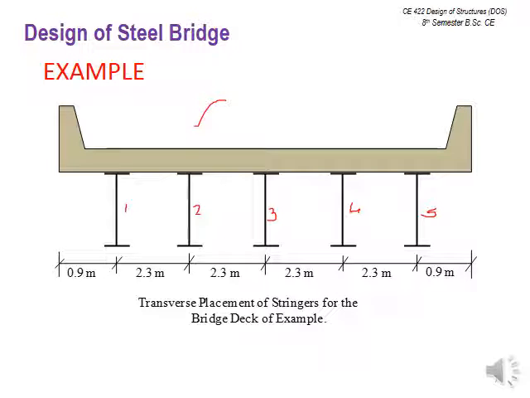Okay, so for the curb dimension, here you are providing the footpath, and then the barrier, that is the curb, including the sideway and the footpath also for this example, and that particular load is given in the numerical problem. So it is 0.9 meters on both of the sides. So it is also an overhang for the exterior girder. And the center of the exterior girder is lying just at the edge of the curb.